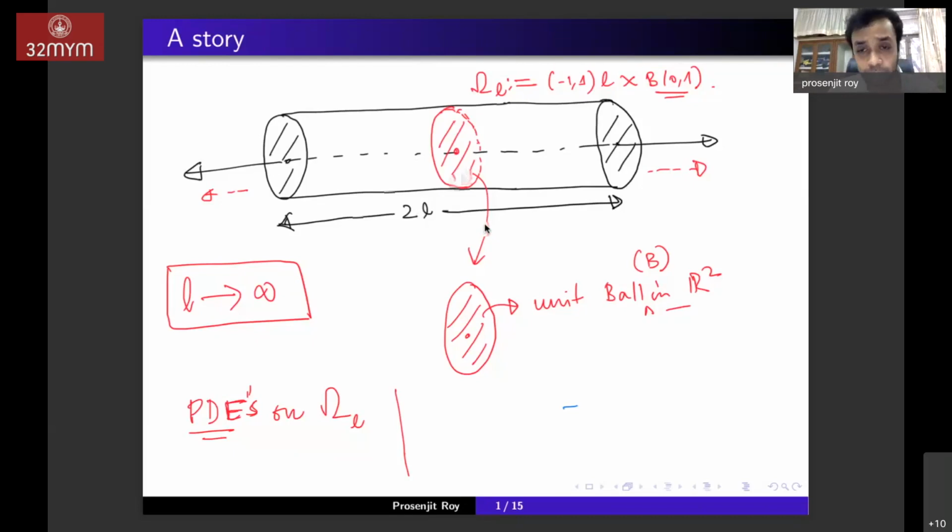Whatever the PDE may be in their hand, finding an explicit solution may or may not be possible. If it is possible, good. But in most cases, explicit closed-form solutions are not available. So in that case, what do they have to do? They have to discretize the problem and go to numerical methods.